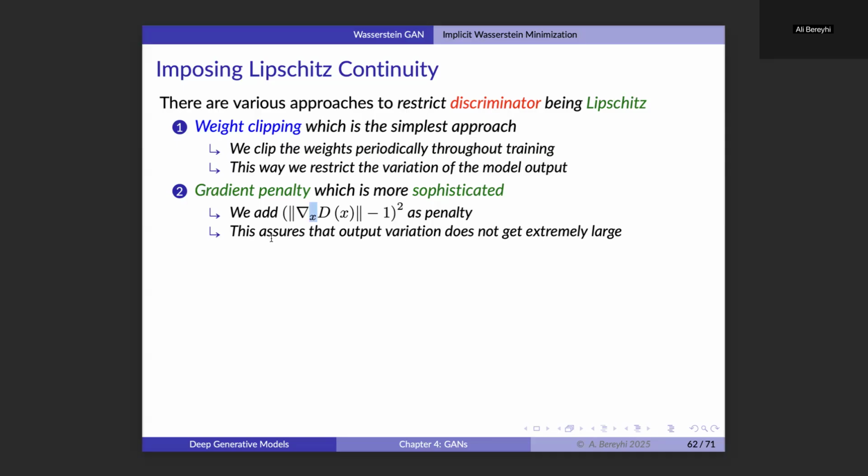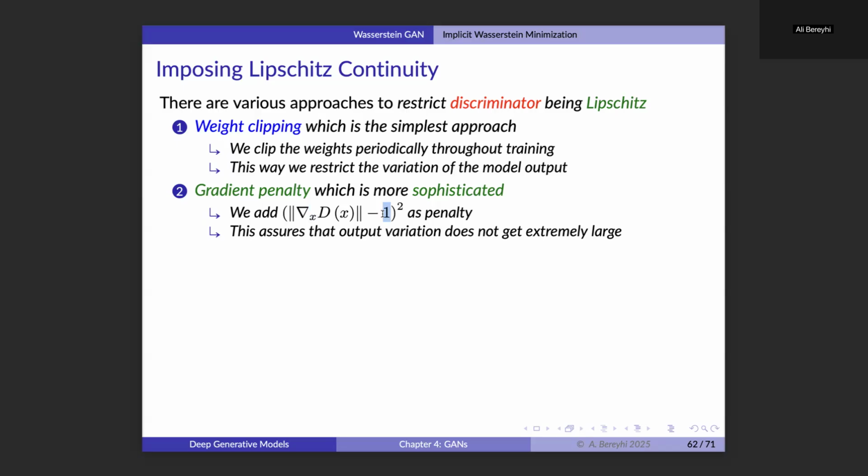And one thing that you do know, you don't want this to be crazy large. So what we do, we hope that the magnitude, the amplitude of this gradient is going to be concentrated around 1. If it is concentrated around 1, meaning that for most inputs that we give it is all the time something around 1, then this is not going to do any harm to the Lipschitz behavior.